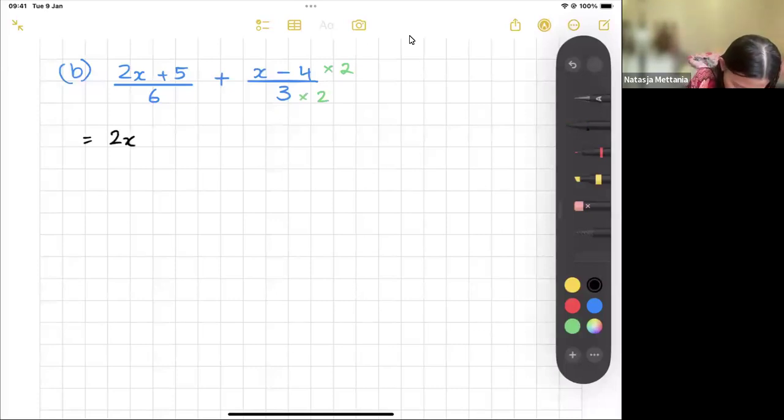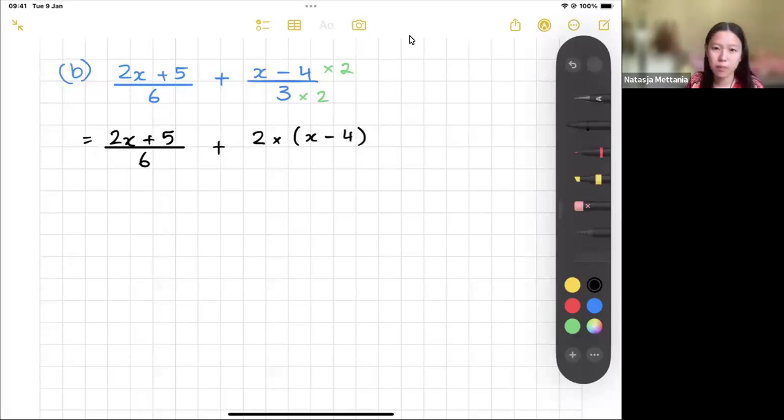So we've got 2x plus 5. This first fraction will stay the same because we didn't do anything to it. Plus this numerator part, we're going to write differently. We're going to first write down 2 times and then open the bracket and put x minus 4 inside that bracket. Over, what's 3 times 2? 6. Okay, first thing, that's checked off.